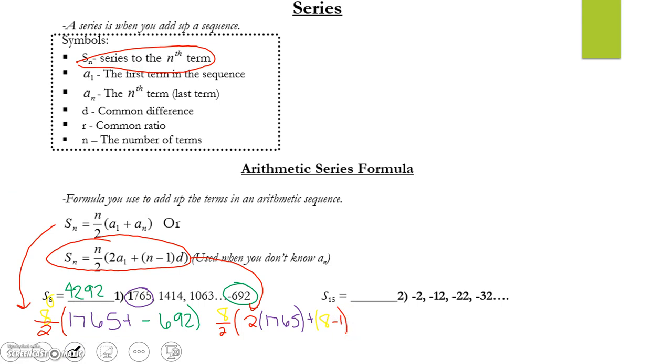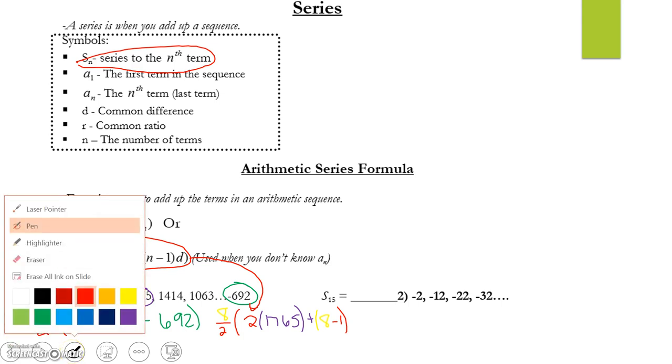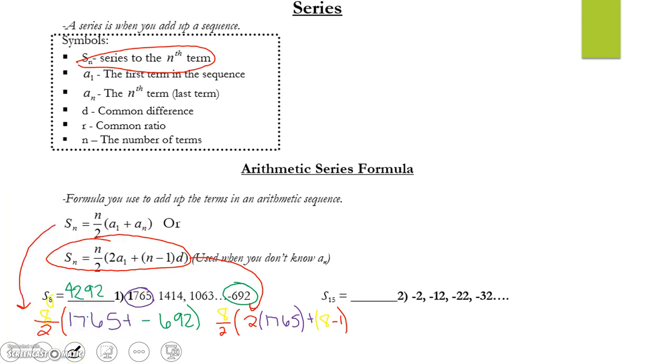Again, to find the common difference, you take the second term and subtract the first term. So to get my common difference, I take 14 and subtract 1765, and I get negative 351.